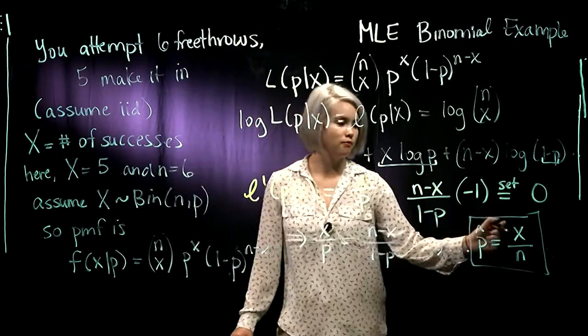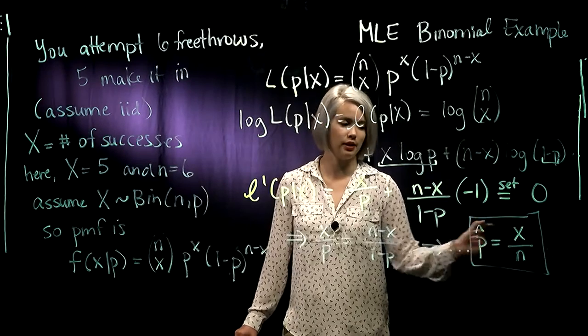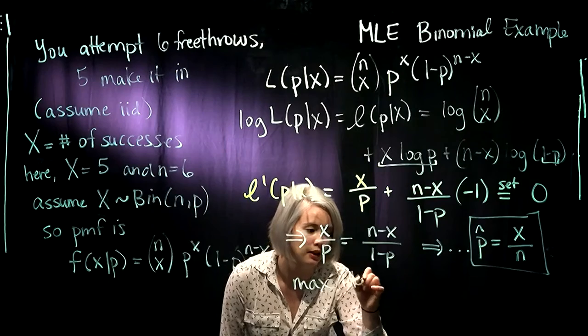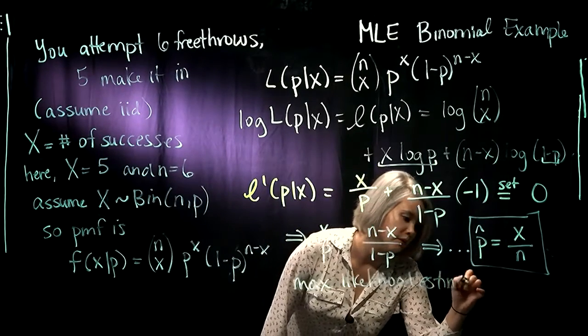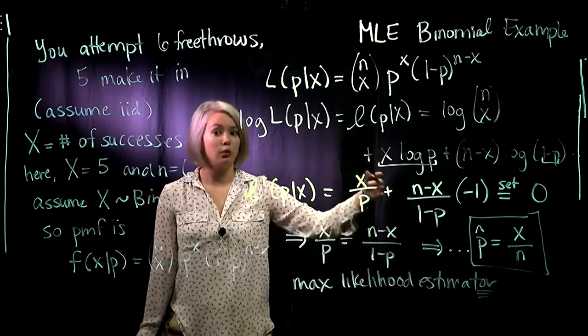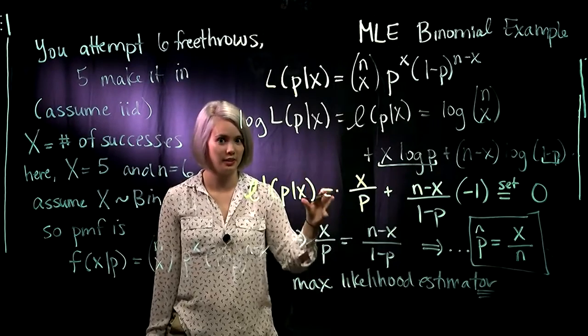When we have it in its general form, where we have x and n like this, we call this our maximum likelihood estimator. And then when we actually plug in what our x is and what our n is, we call that our maximum likelihood estimate.